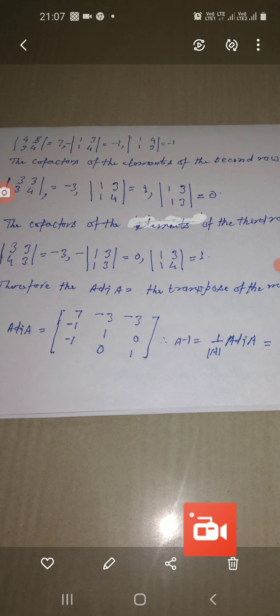Therefore the adjoint of A is equal to the transpose of the matrix of the cofactors, and this is equal to 7 minus 1 minus 1, minus 3 1 0, and in the third row minus 3 0 1.